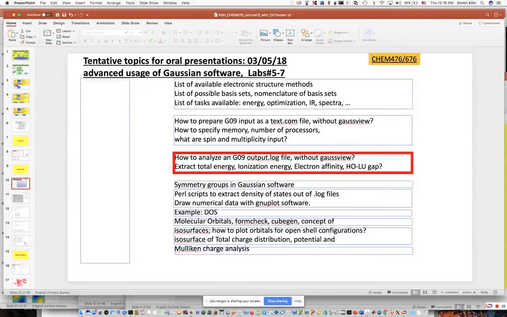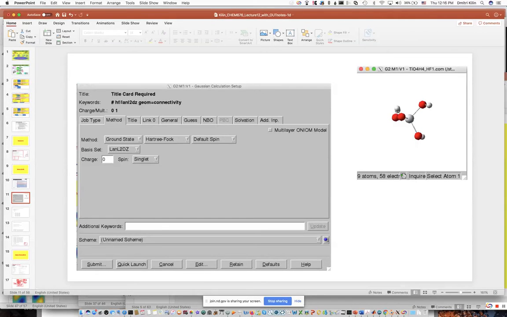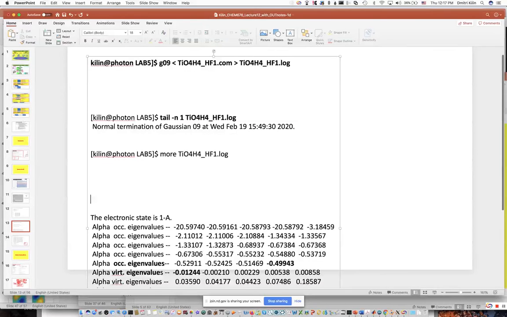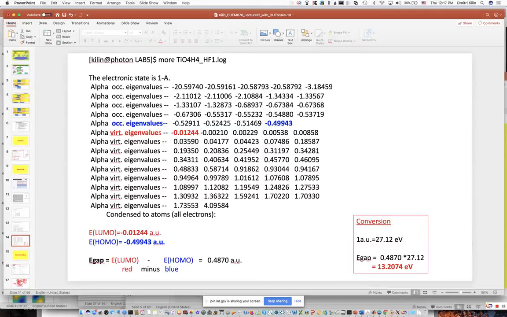So what you did in the lab was analyzing Gaussian output, and this ionization energy and electron affinity are basically HOMO and LUMO energies. You build a model, run a specific basis set and specific method, and found alpha and beta, and you were identifying the numbers where, once you see the numbers increase, going from occupied to unoccupied, it's the most interesting fragment of the model.